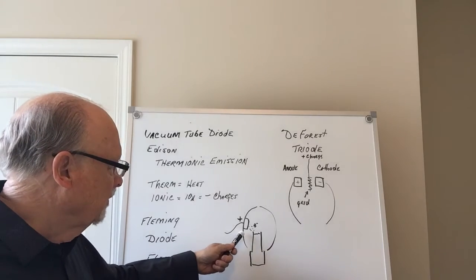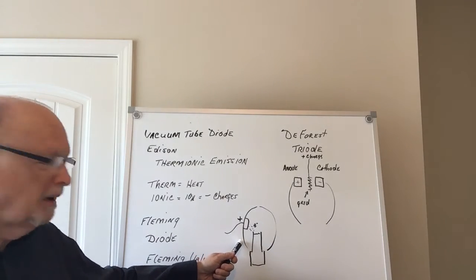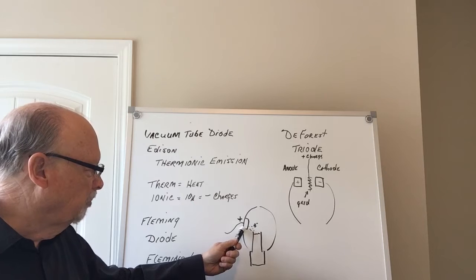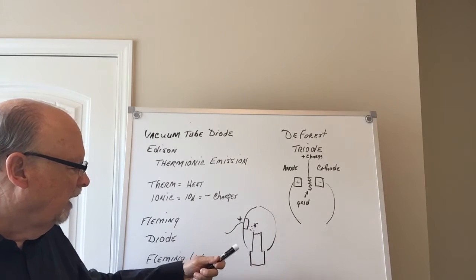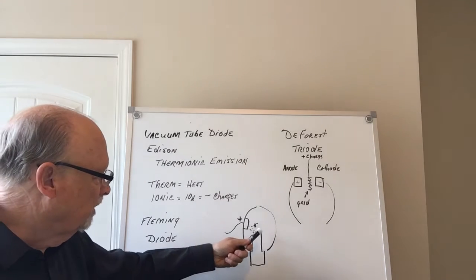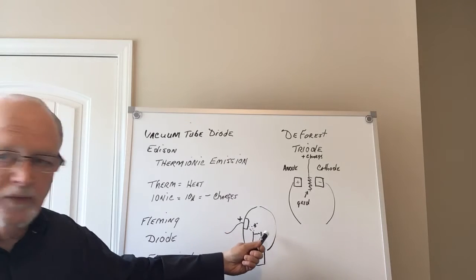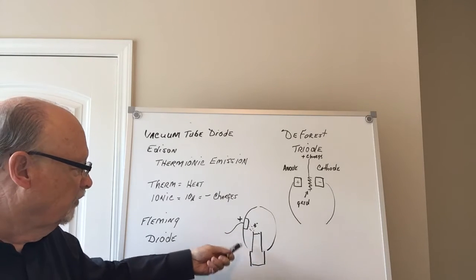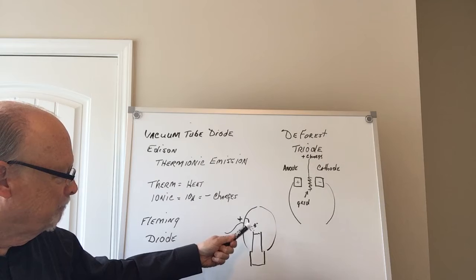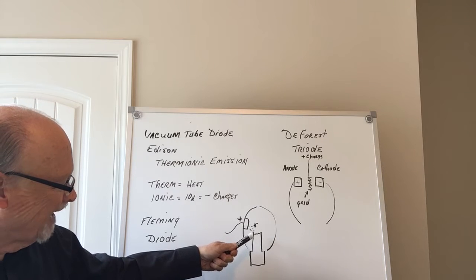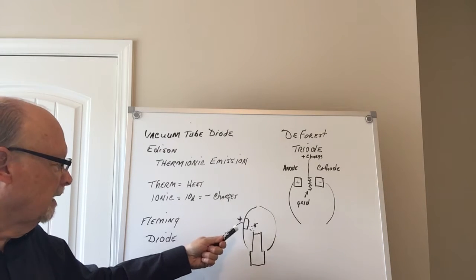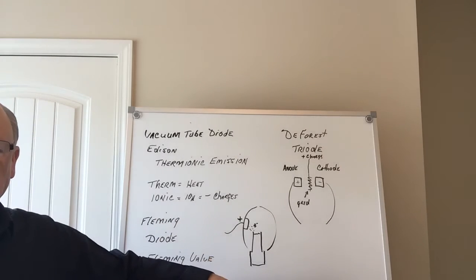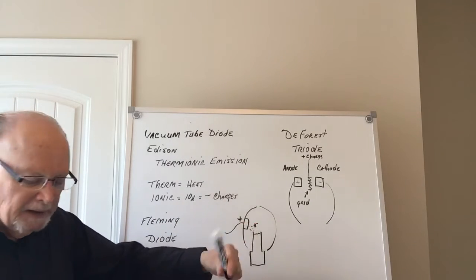Edison attached a metal plate to the inside of the glass with a positive charge attached to it. The E stands for electrons, negative charge, inside the bulb, and those electrons were attracted to the plate, and he would have them run out that wire indicated here.